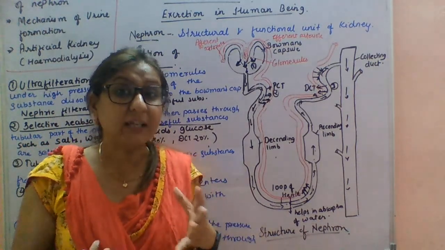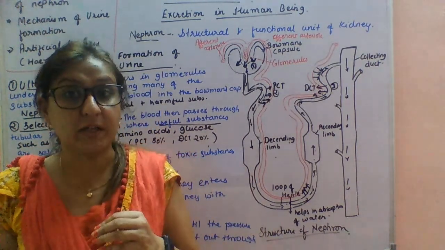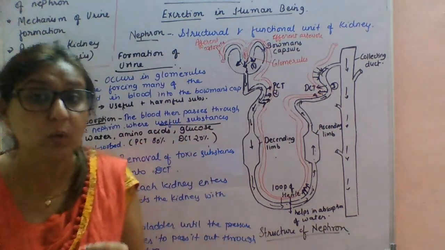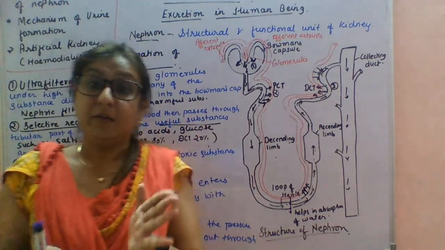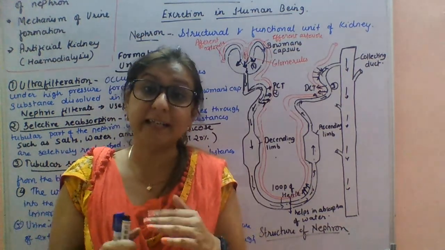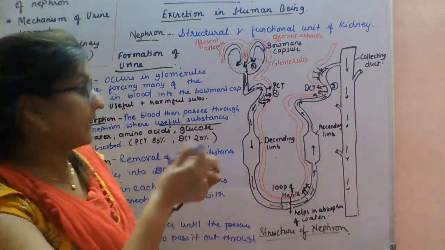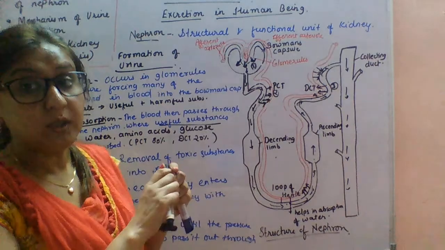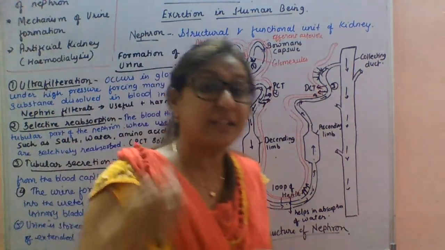If sometimes we drink less water, then definitely the concentration of urine is high. When the concentration of urine is high, our body secretes ADH hormone, that is antidiuretic hormone, also known as vasopressin.